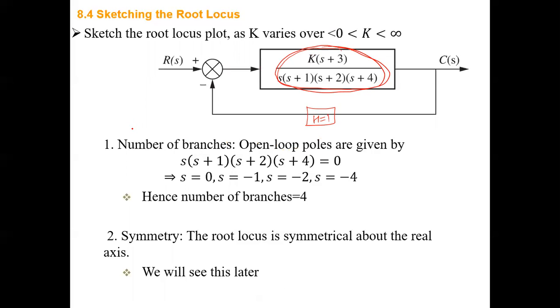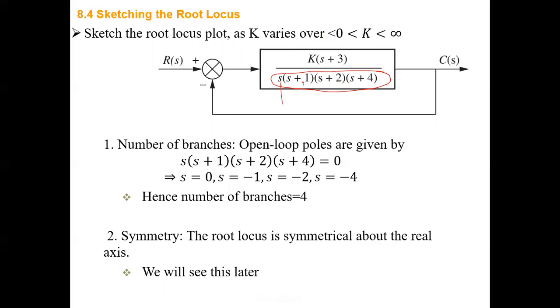Now let's use the number of branches. How do you know the number of branches? It is the number of poles of the open loop transfer function. What is the number of poles of this open loop transfer function?